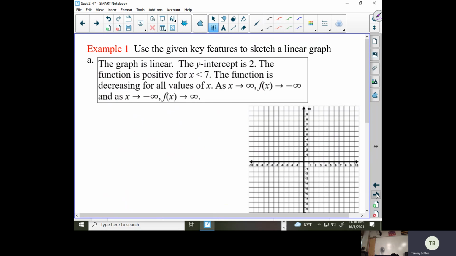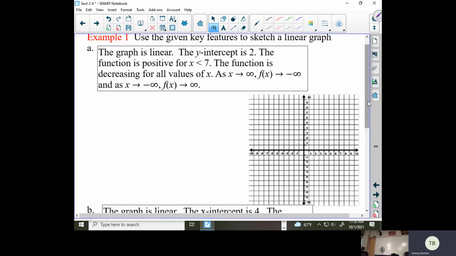And today you're going to have one of two scenarios. One is going to be where it says that you have a linear graph, and others are going to say it's non-linear. Okay? So this one is linear, and it says that the y-intercept is at 2. So at 2, you're going to put a dot.